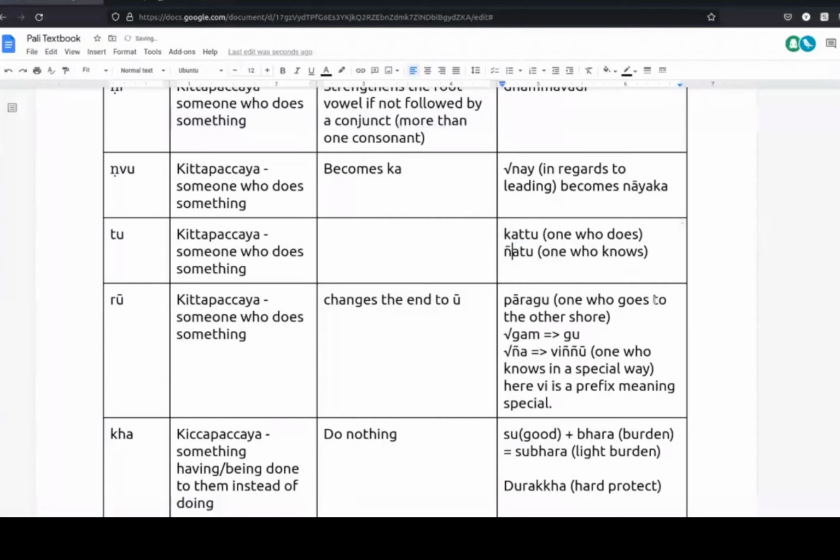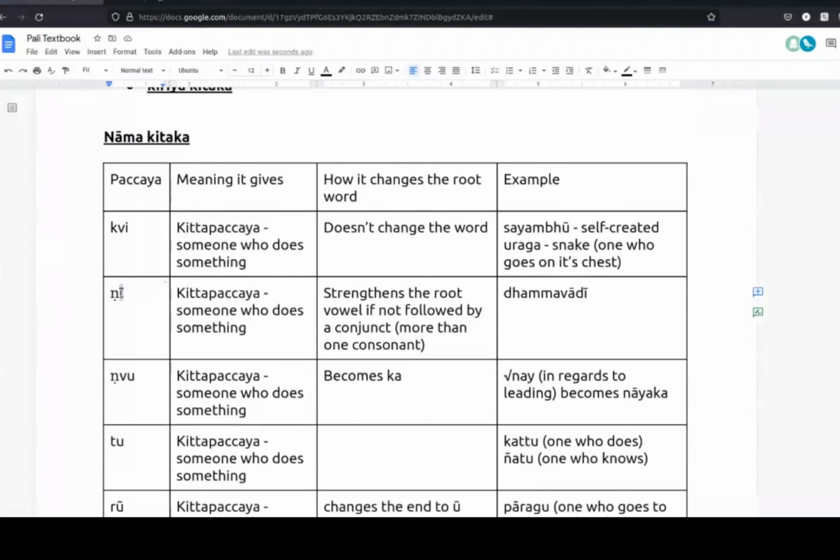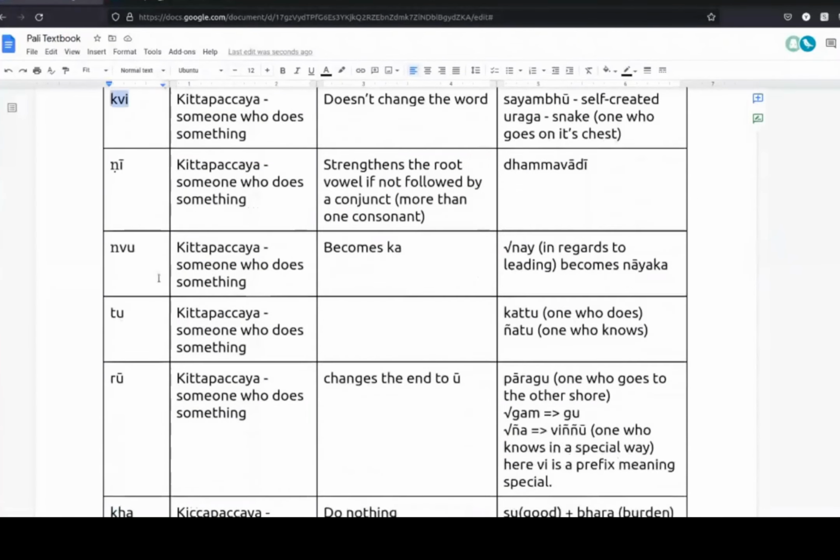Nyatu. No, you can't. I don't know. Doesn't look right. I'm not sure about that one. It's not so common. Tu is not a very common suffix. Ka is very common. E is pretty common. And this one is somewhat common.